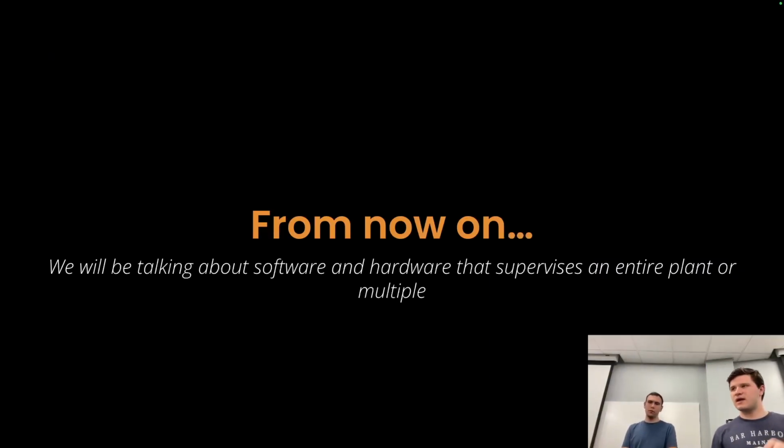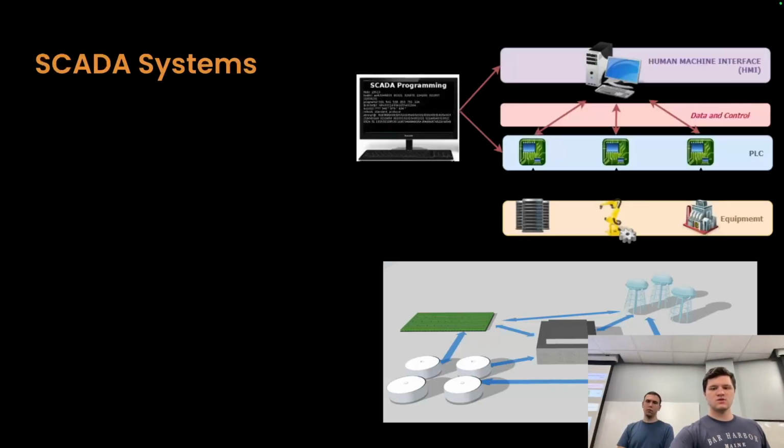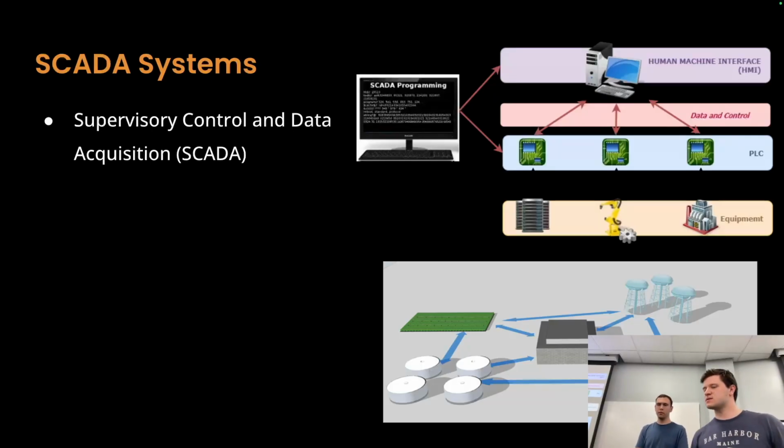From now on, we'll talk more about the software and hardware that supervises an entire plant or multiple plants. HMIs are just with one industrial process, but the things we're going to talk about are much bigger, entire plants. So SCADA systems, which stands for Supervisory Control and Data Acquisition systems.